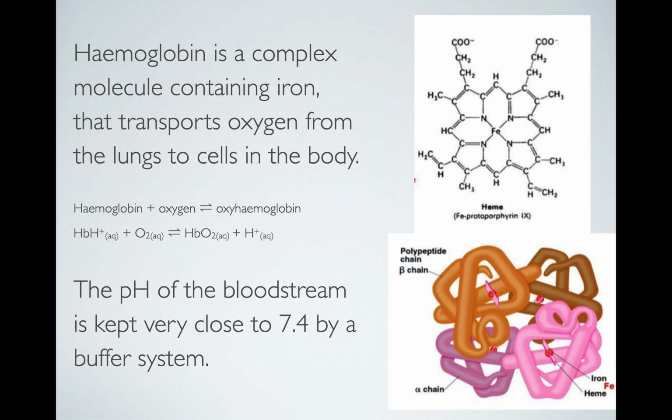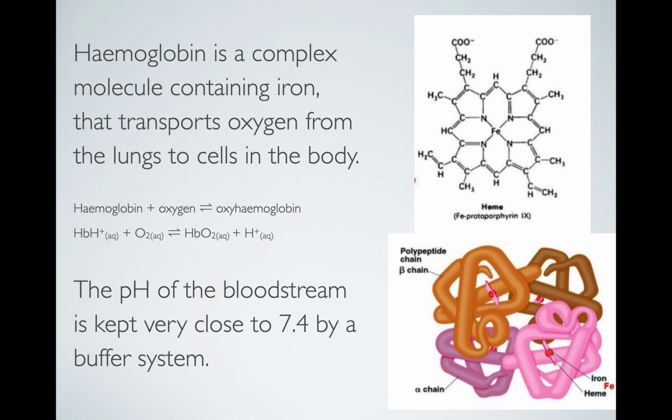Another thing is hemoglobin, and the heme molecule on the right transports oxygen through the body. The pH of the bloodstream needs to be close to 7.4, and it's maintained by the carbonate buffer system. We can tell if we've had too much carbon dioxide in our bloodstream.